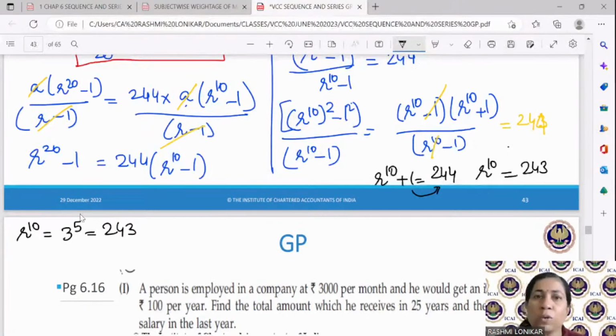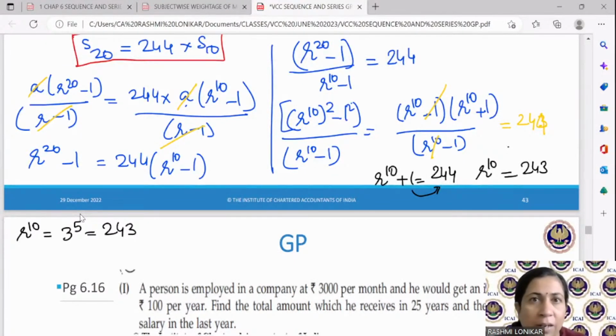But only when the powers are the same can I equate the numbers. So instead of 3, what do I write? Instead of 3, I will write root 3 square.